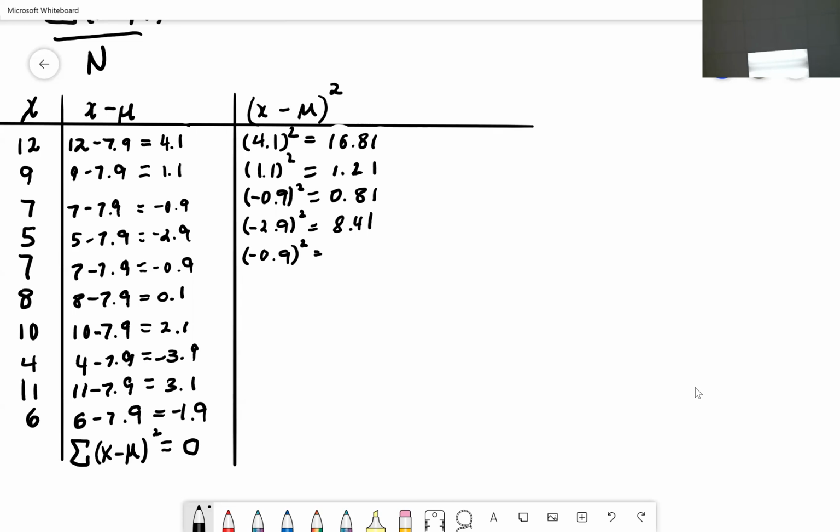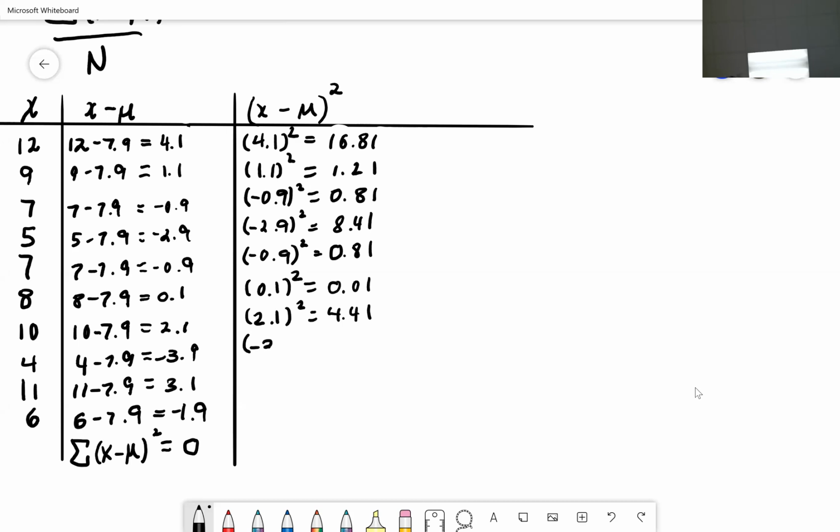That's going to be 0.81. 0.1 squared. 2.1 squared. Negative 3.9 squared.